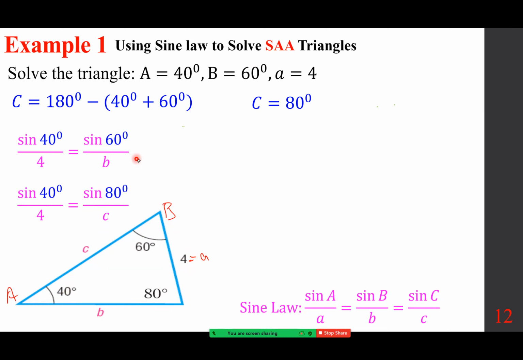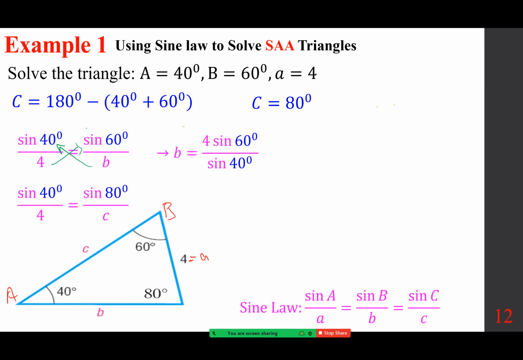And now cross product. By now, I think everybody knows how to do that. So B is the cross product of 4 sine 60 divided by sine 40.